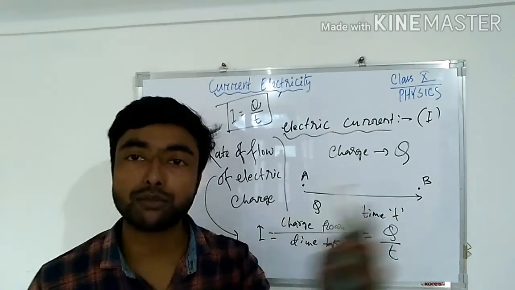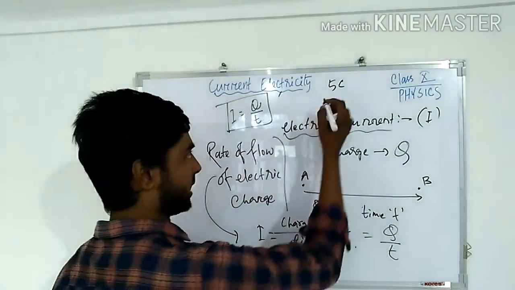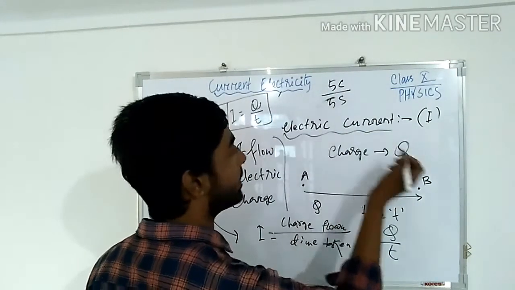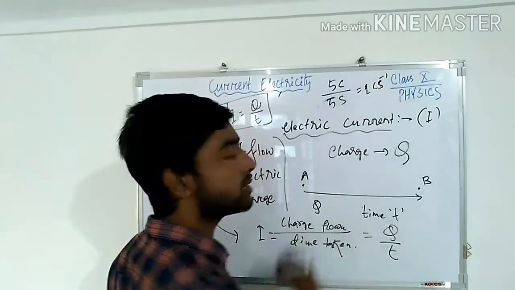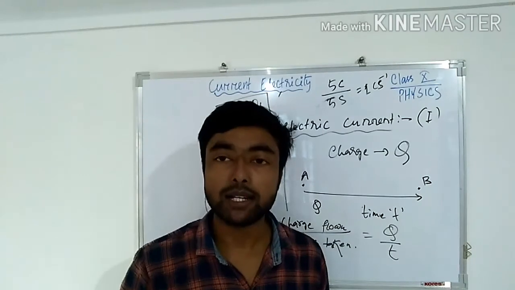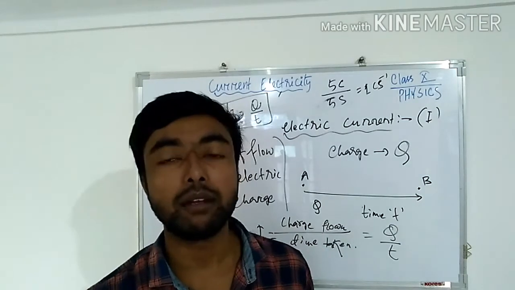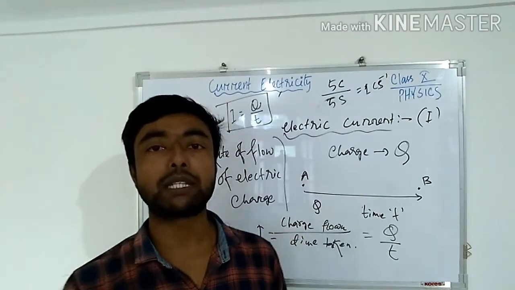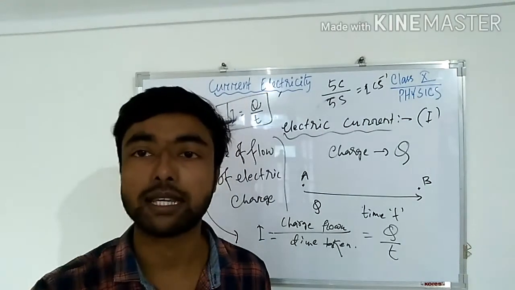Suppose 5 coulomb charge flows and it has taken 5 seconds, then I will be 1 coulomb per second. That means in 1 second, 1 coulomb of charge flowed. That is the rate. Physically it is the rate of flow of charge, and mathematically it is the amount of charge flown per unit time, meaning in 1 second of time.